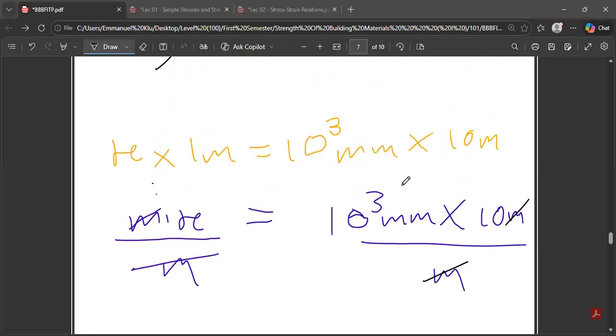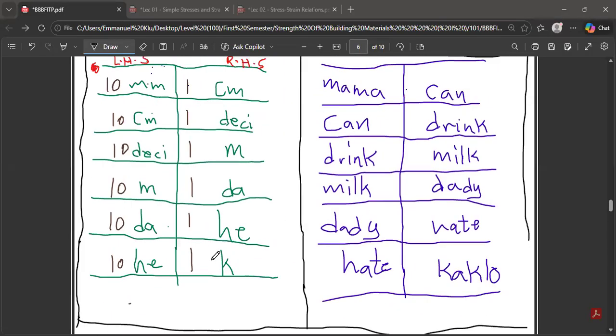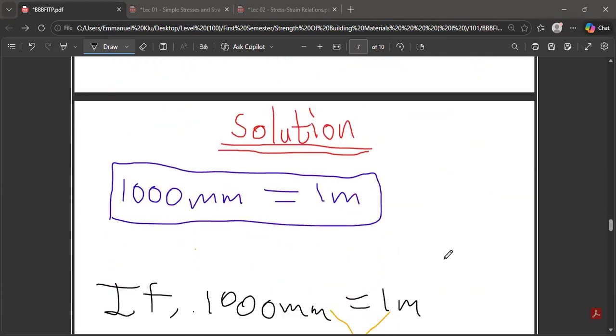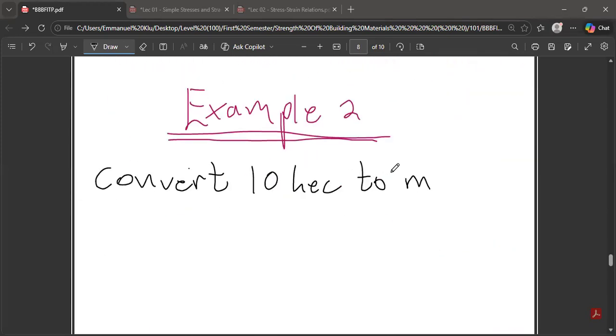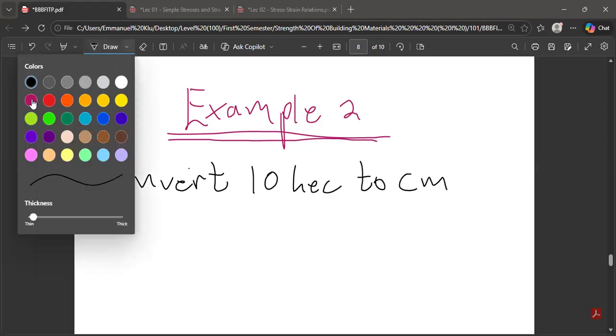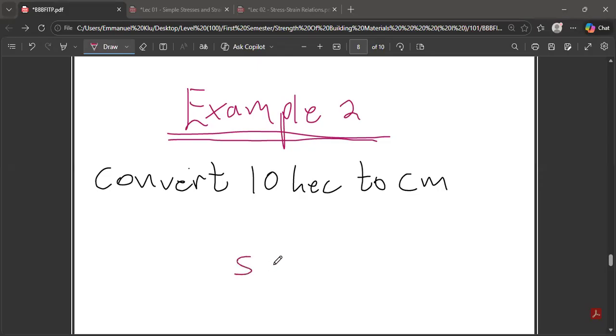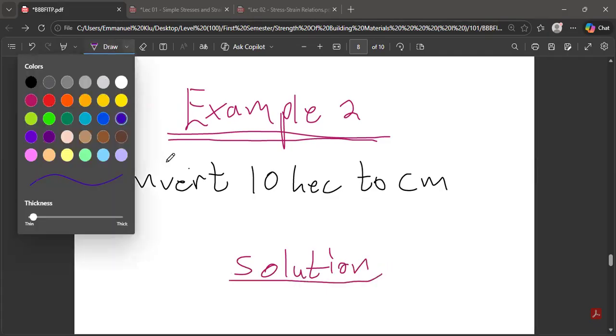Centimeters. Okay, centimeter is also cool, so let's maintain it. Let's convert hectares to centimeters. So what is going to be the formula? Can anyone derive the formula for me? Which formula do you think we are going to use?